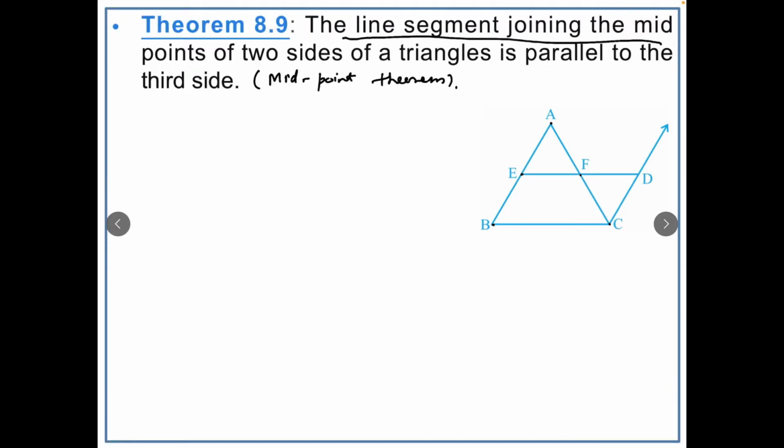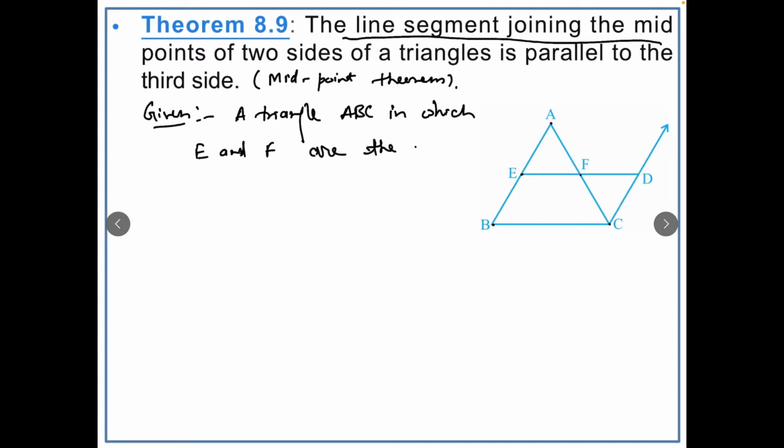First we'll start by writing the given part. Given: a triangle ABC in which E and F are the midpoints of sides AB and AC respectively, which means E is the midpoint of AB and F is the midpoint of AC.